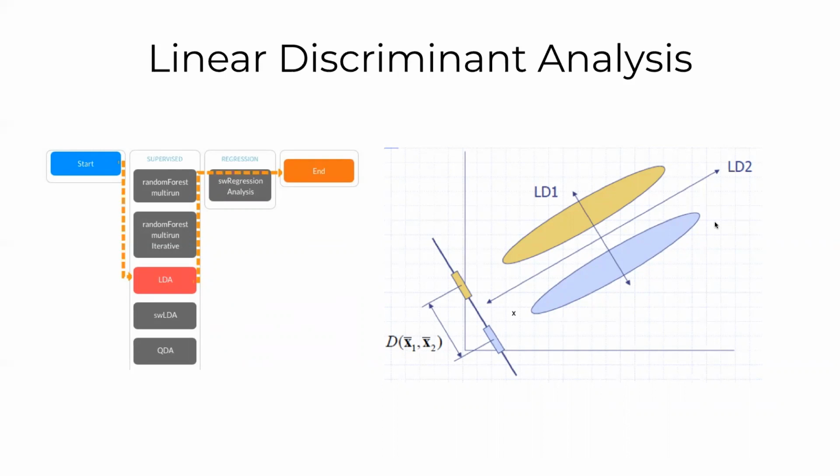The resulting combination may be used as a classifier or for dimensionality reduction for later classification. LDA is closely related to analysis of variance, as well as regression analysis, which also attempt to express one dependent variable as a linear combination of other features and measurements.